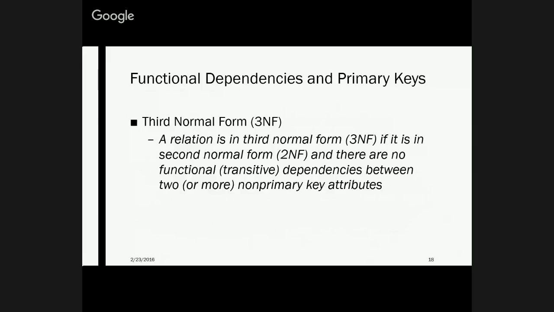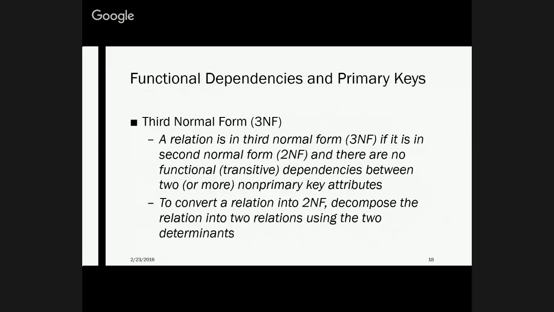So third normal form. So for something to be third, it has to be second. That's just, these build on each other. To hit third, there has to be no functional dependencies between two or more non-primary key attributes. So that's the whole transitive. You have to have no transitive dependencies.